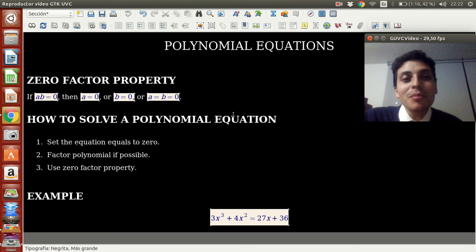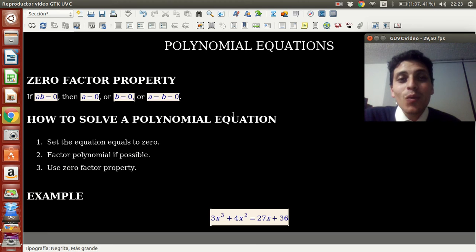To me, this is what happened to factoring. People keep doing factoring and say, why am I doing this, I'm not going to use it, it's not going to help me.